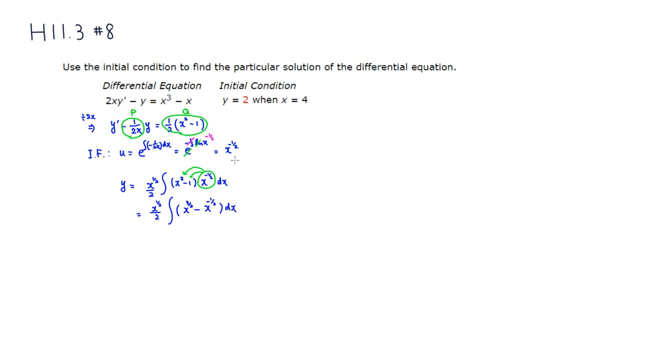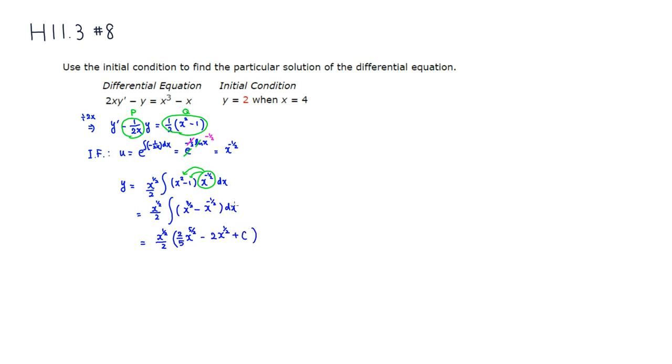Then we just have to find the antiderivative. For the first term, add 1, so it's 5 over 2, and dividing by 5 over 2 is multiplying by 2/5. Minus, add 1 to the power, so it's x to the positive 1/2, and dividing by 1/2 means multiplying by 2. Then plus some constant c.